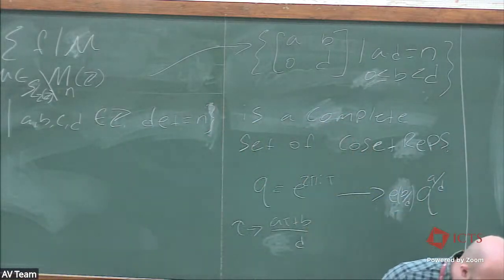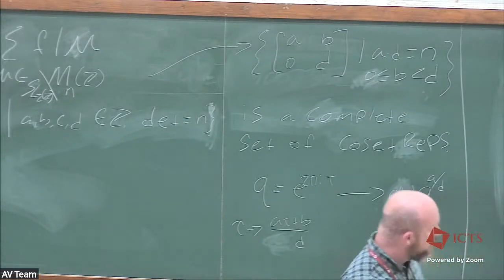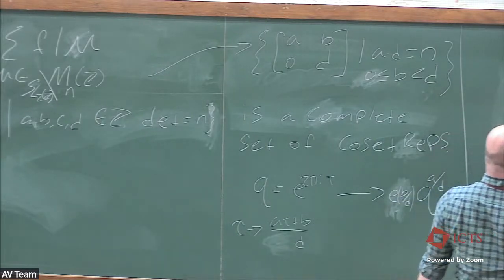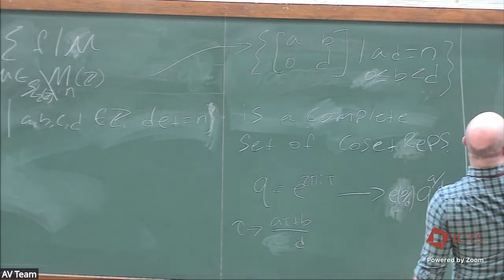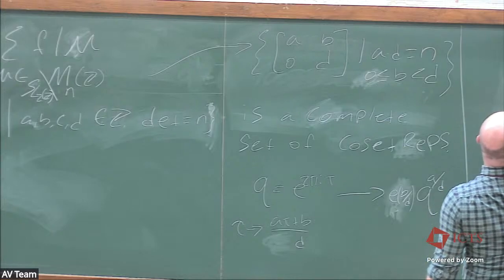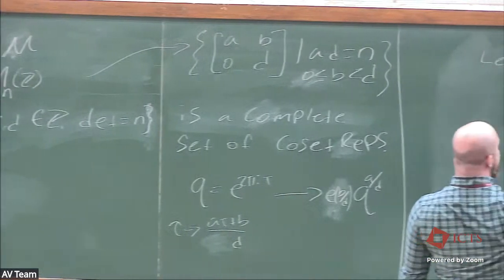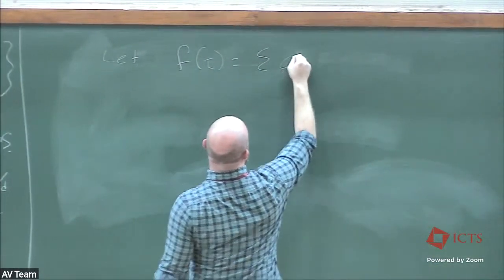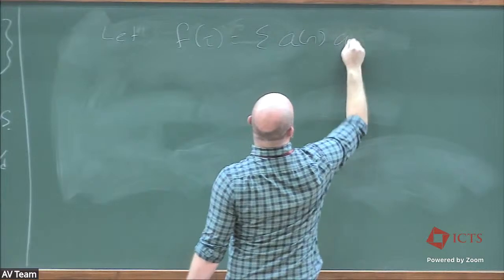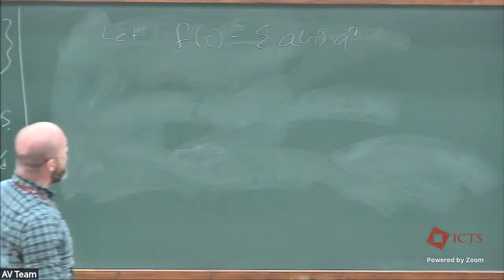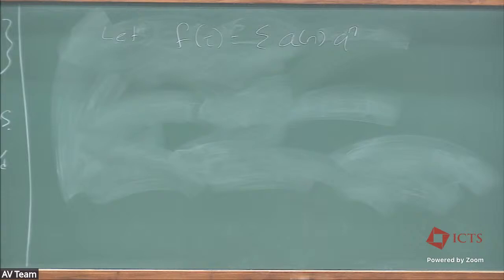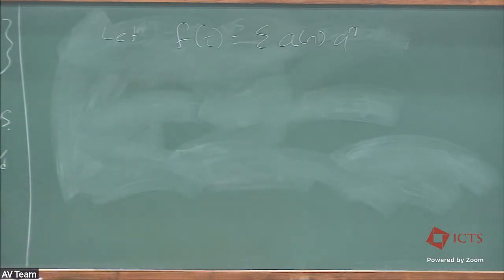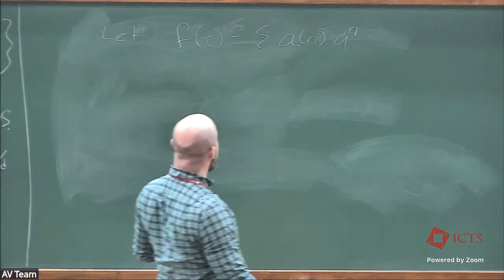Okay, so let's take a look at what this actually does fully on a q expansion. So let's assume f is modular for SL2Z, and f of tau is equal to some summation a of n q to the n. Now we might make this a holomorphic modular form, but it turns out it works perfectly fine for weakly holomorphic modular forms.